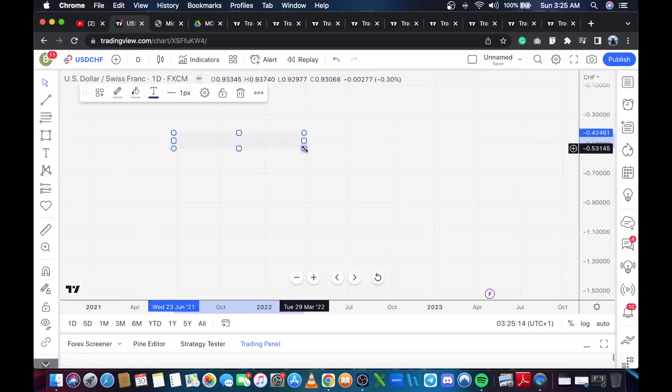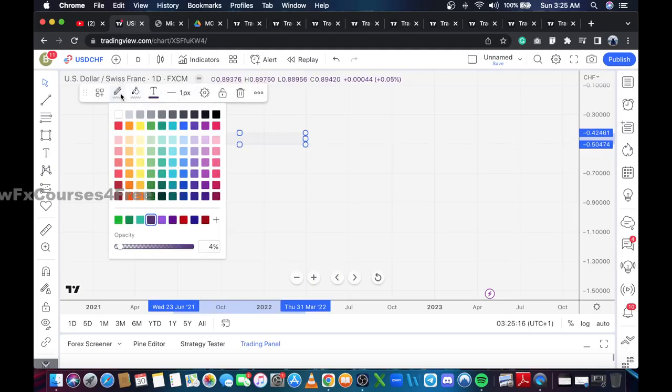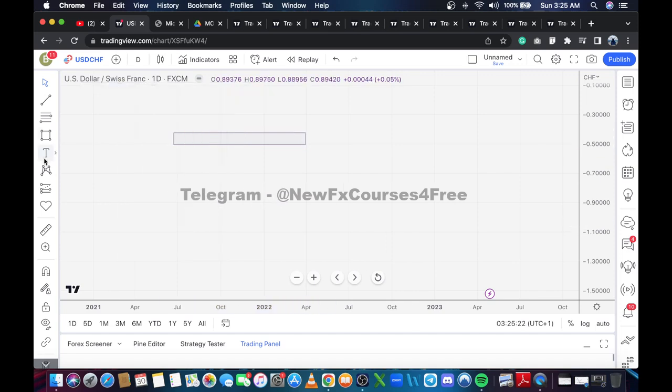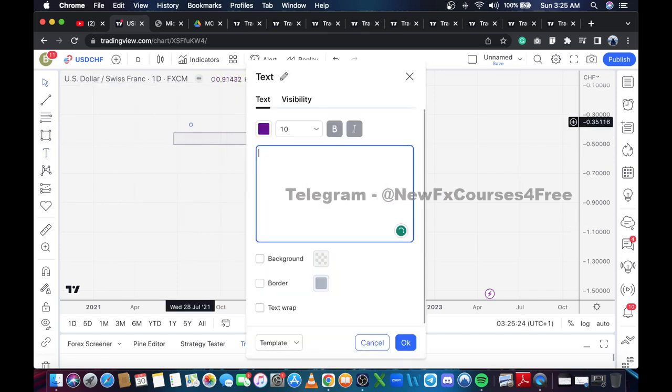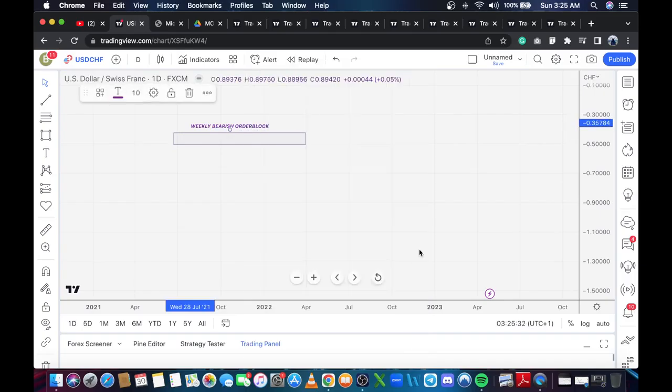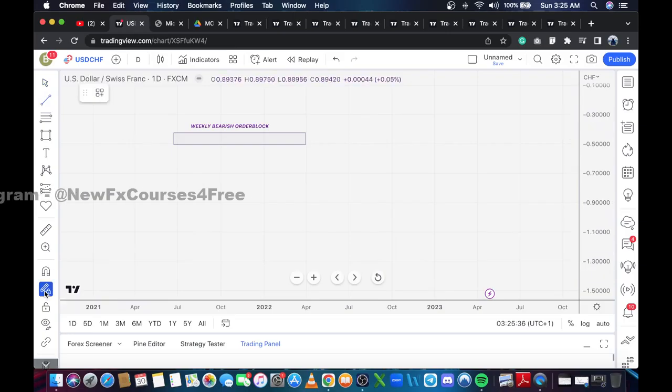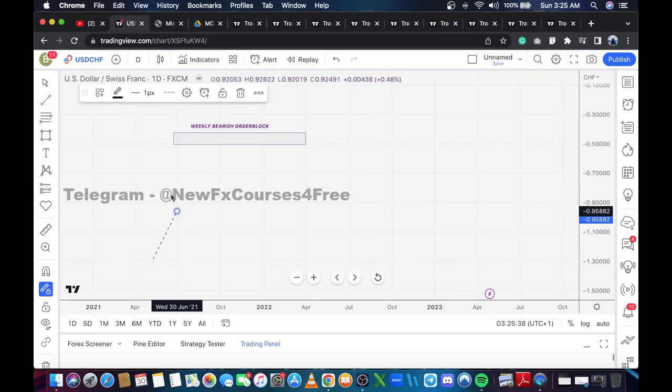Let's assume that here we have a weekly bearish order block, which is obviously a premium array, and we are seeing price retracing up into that weekly bearish order block.